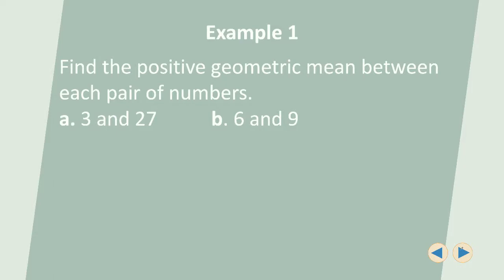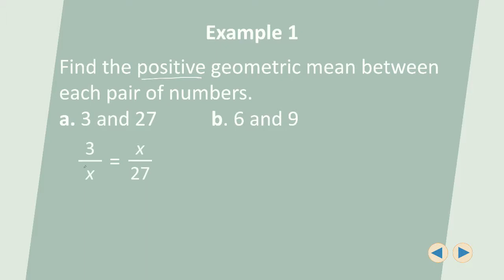So here's just a couple quick examples. Find the positive geometric mean between each pair of numbers, 3 and 27. So if we want to find the positive geometric mean between 3 and 27, we want to put a variable there in the denominator of the first and in the numerator of the second.